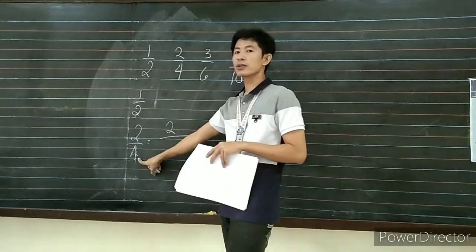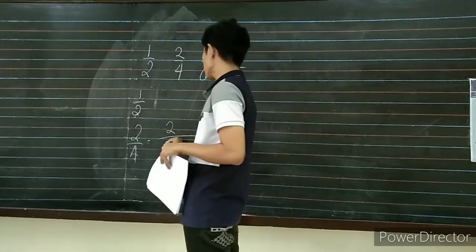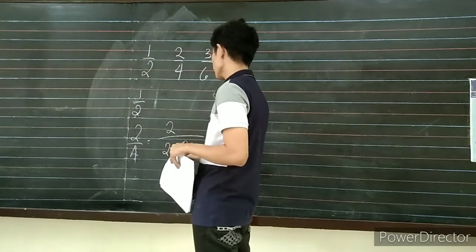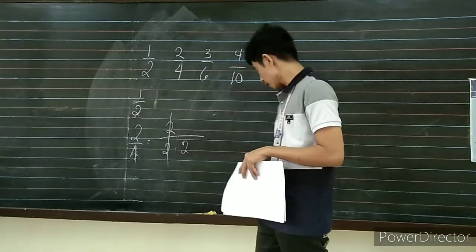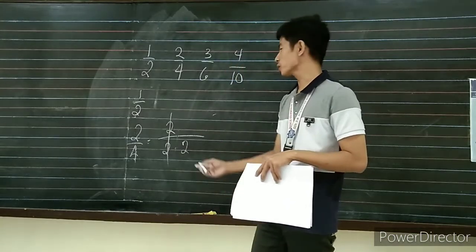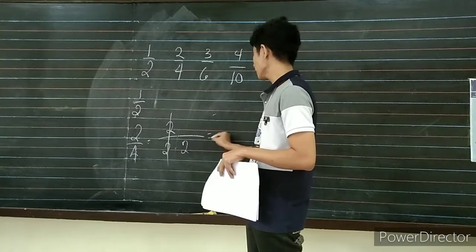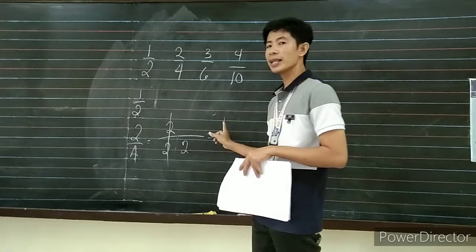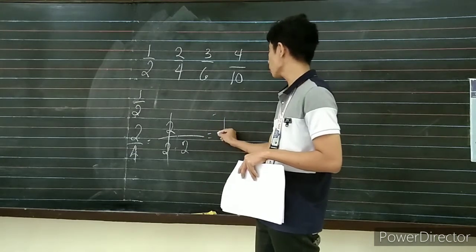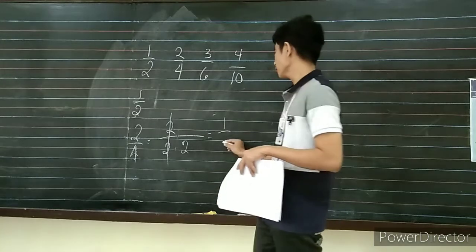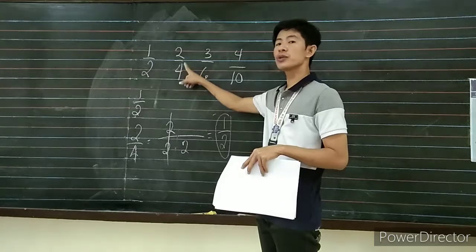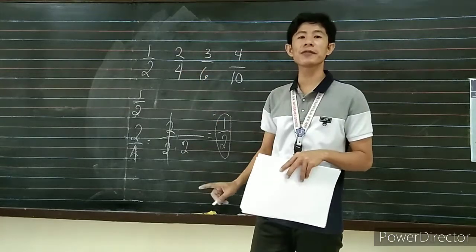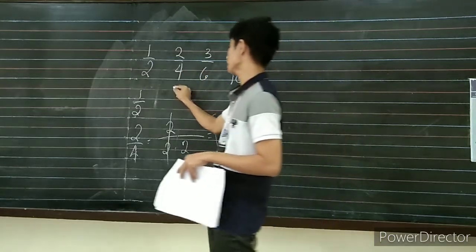The prime factors of 4 is of course 2 times 2. Then we cancel out the common factor, which is 2. What is left in the numerator is 1, and in the denominator is 2. Therefore, the fraction 2/4 can be simplified as 1/2.